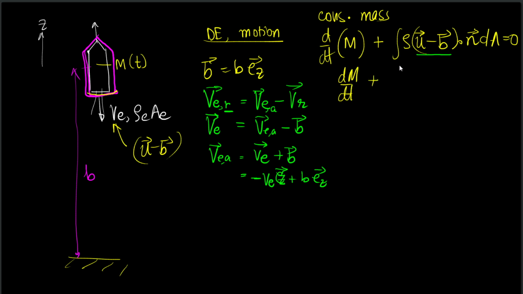This will be plus. So now, whatever the exit velocity is here, the normal vector is also like this. So that sign will become positive. Alright. So this will become VE times AE times rho E equal to 0. So rho E VE AE.